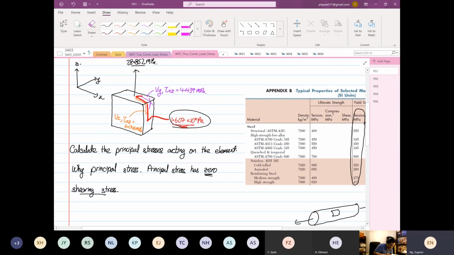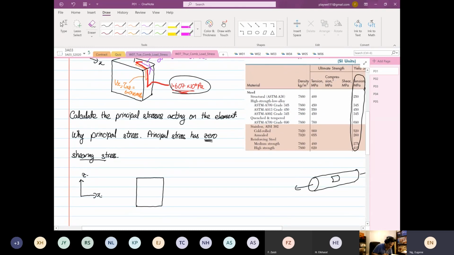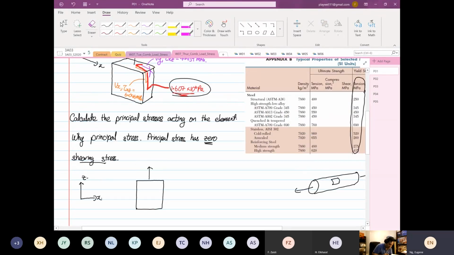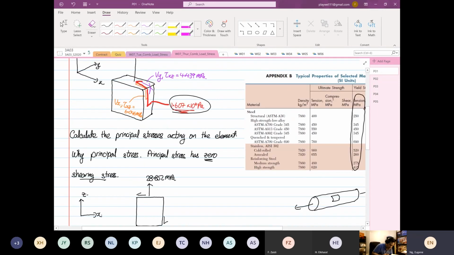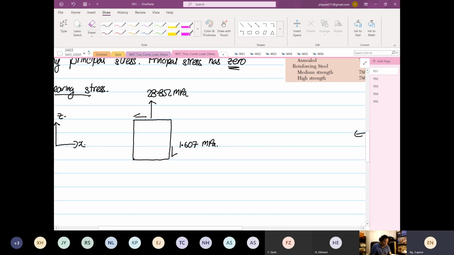This is our X and this is our Z. So this is our element, and then we will have our tensile stress, which is reading 28.852, and then we have a shearing component sitting at 1.607 megapascal. Now I'm going to construct Mohr circle.